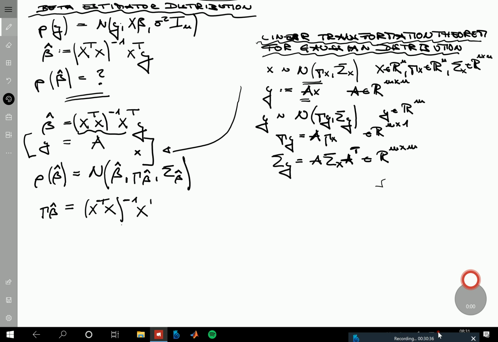And what was our original expectation vector? So what's the expectation of y? So it helps to look here.